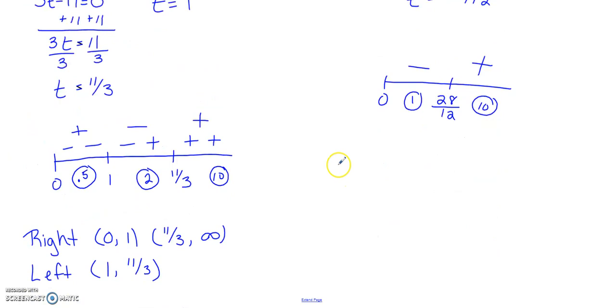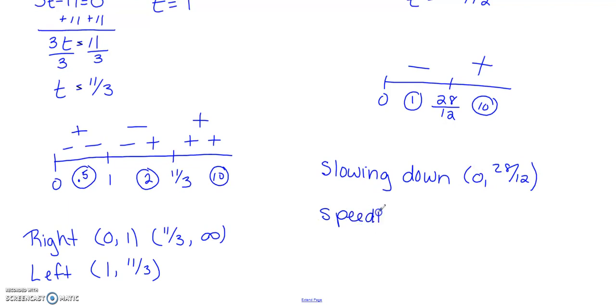So now when is my particle slowing down? It's slowing down from 0 to 28 over 12, and it's speeding up from 28 over 12 to infinity. And you are done.